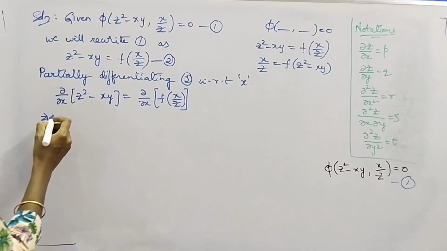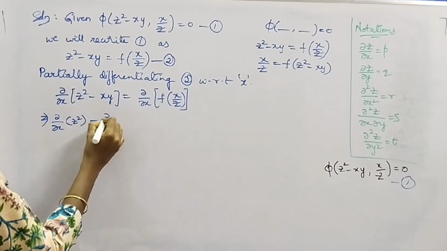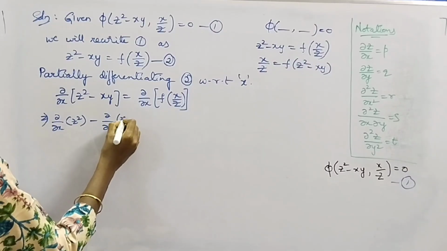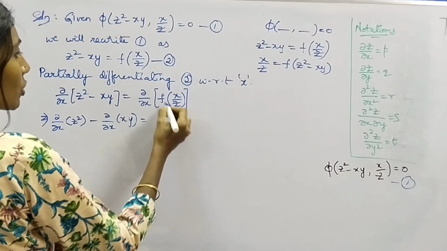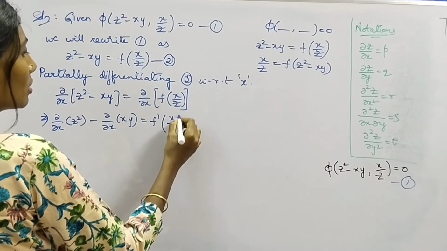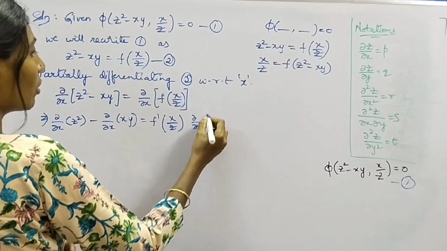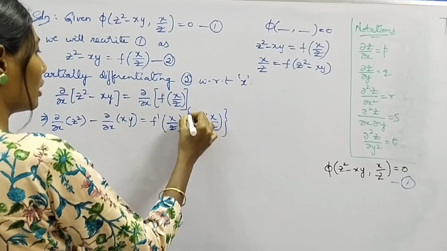Fine. Now the partial derivative of the first term minus the partial derivative of the second term. Here we are partially differentiating with respect to x, so we'll treat y as constant. The partial derivative of f of x by z is f dash of x by z into the inner derivative, that is dou by dou x of x by z.